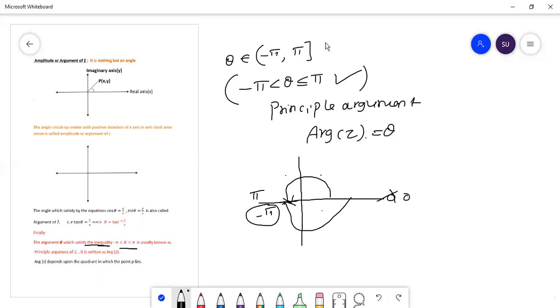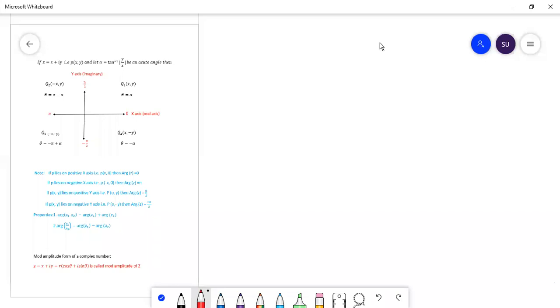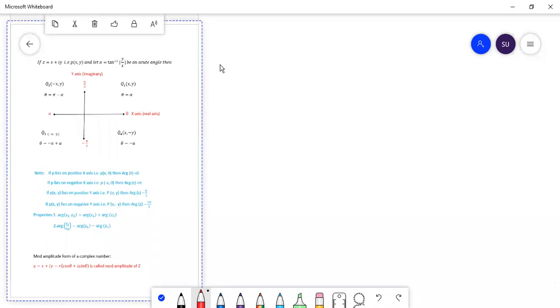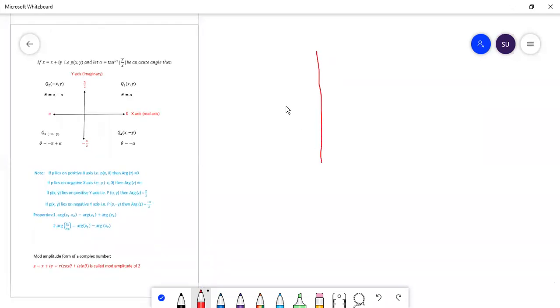Now we will see, generally a plane is divided into four parts. Quadrant 1 means both x and y are positive. Here x is positive, y is positive. Here x is negative, y is positive.